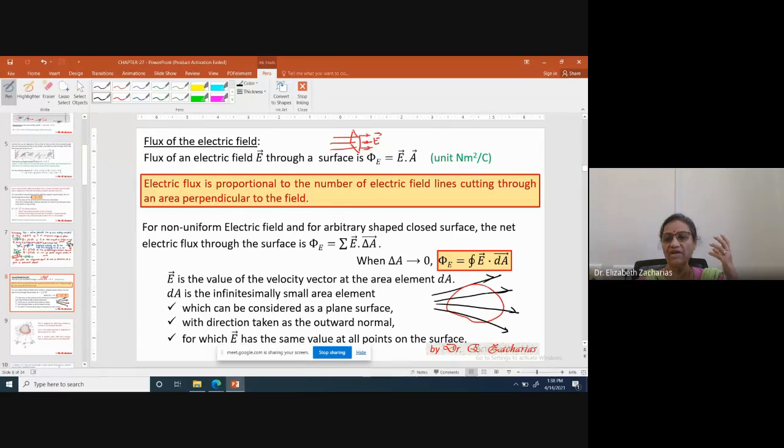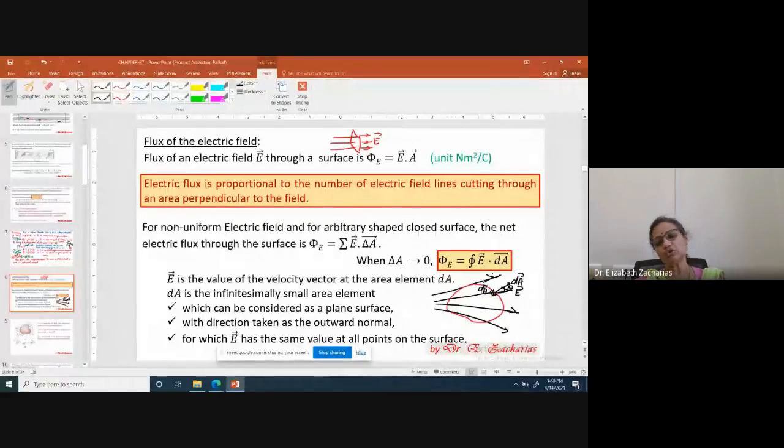At every point, you consider an area vector dA, and its direction will be the outward normal. This is my E vector at this point. Then look at the angle theta. So you do the integral of E dot dA for this area, and like this you do it for the entire surface.